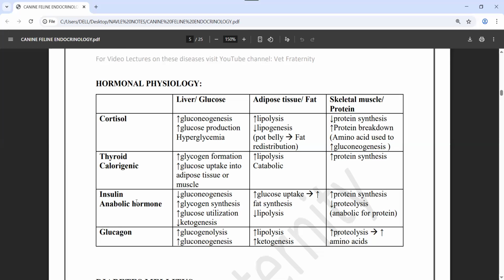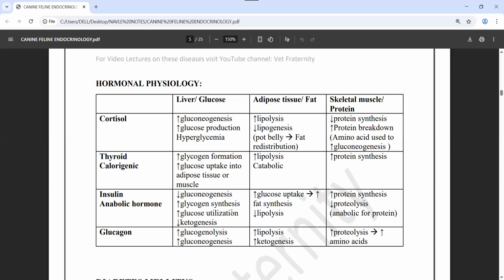Next we have insulin, which is a very important hormone. It is called an anabolic hormone. Just like the thyroid was catabolic, insulin is an anabolic hormone. It decreases gluconeogenesis, increases glycogen synthesis, and increases glucose utilization. Basically, it tries to make sure that the glucose that is in the blood is utilized by the body.